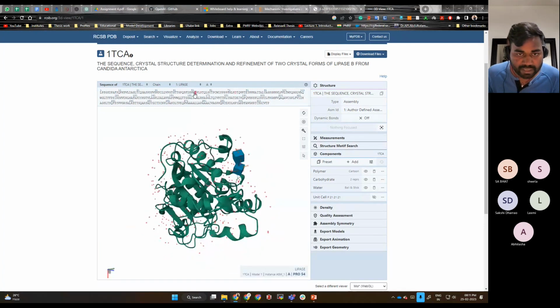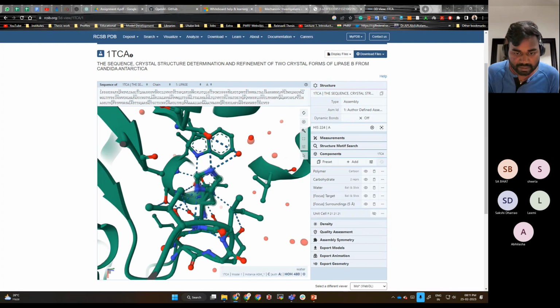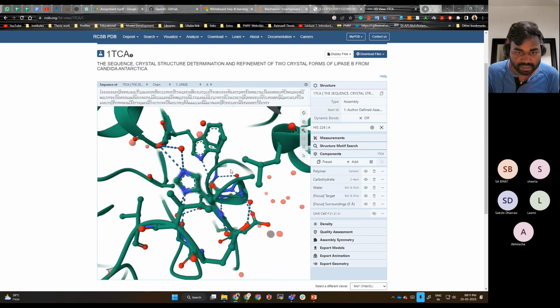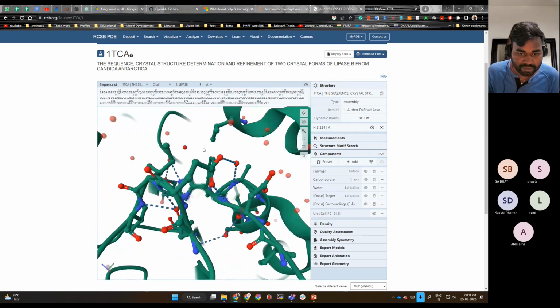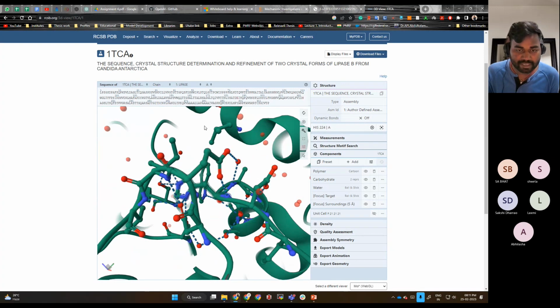So that is histidine 224. Histidine 224 is here. Okay, histidine 224 is selected at this site. So here you will see histidine 224 and glutamic acid. So this is your particular active site.